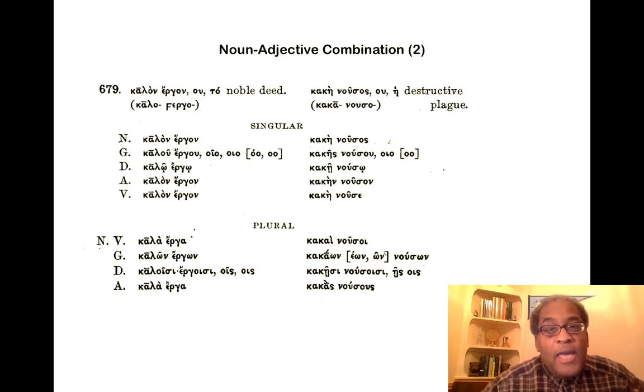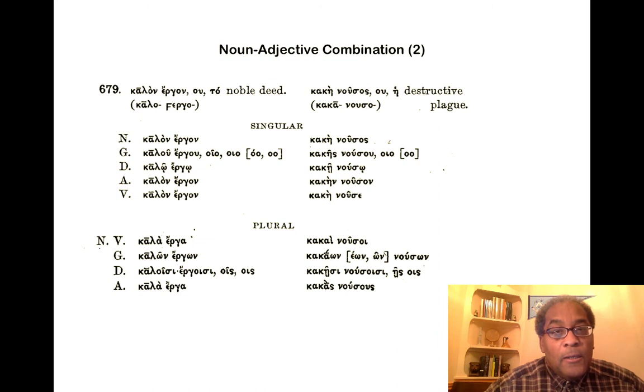And then here we have at Pharr's 679 an example, kalon ergon, a noble deed, where ergon is neuter, so the neuterness of the noun will determine the endings of the adjective modifying it.